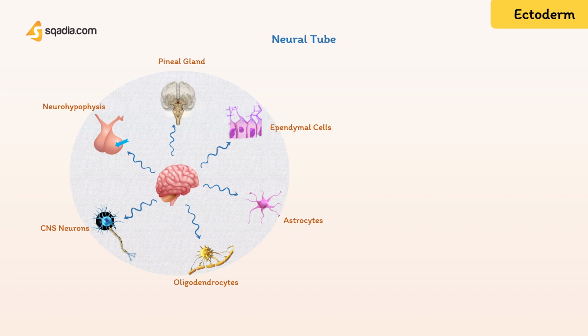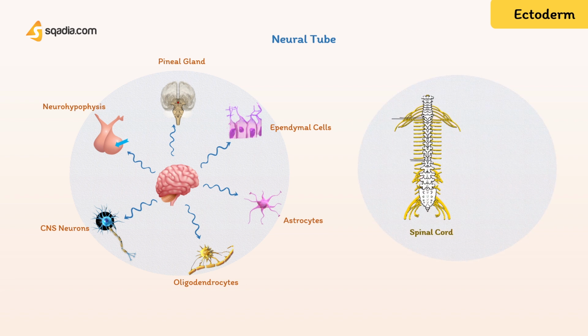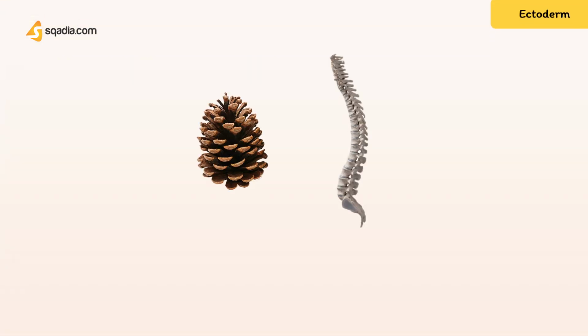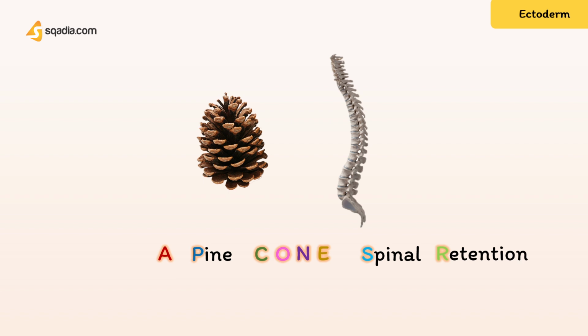The remainder of the neural plate elongates and develops into the spinal cord. The retina is also a neural tube derivative. So another way you can remember these is by the simple sentence, "a pine cone spinal retention."